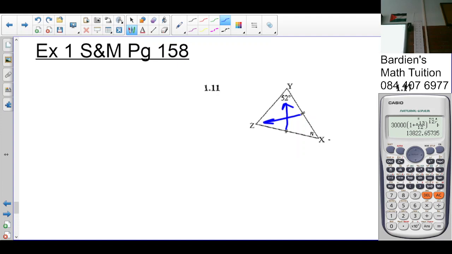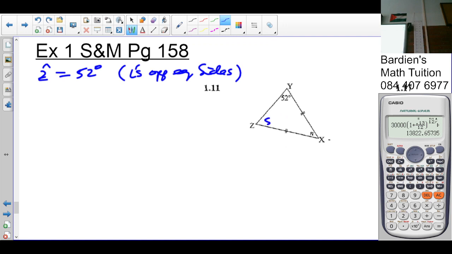So we must first say that angle Z is equal to 52 degrees. Why? Angles opposite equal sides. That must first be said separately. Now what do we say? 52 degrees plus 52 degrees plus N is equal to 180, sum of triangle. And this triangle, ZX or XY.